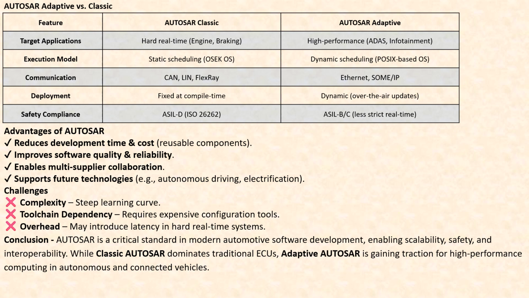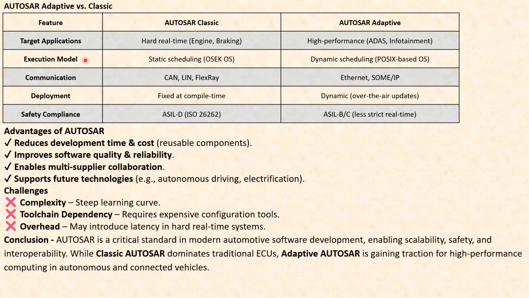Now, there are two types of AUTOSAR which are majorly used. One is Adaptive AUTOSAR and the other is Classic AUTOSAR. We will compare the features, how each fares in AUTOSAR Classic and how it fares in AUTOSAR Adaptive. Next is target applications: hard real-time engine braking for Classic, high performance ADAS and infotainment for Adaptive.